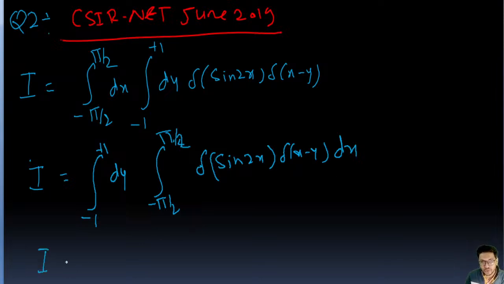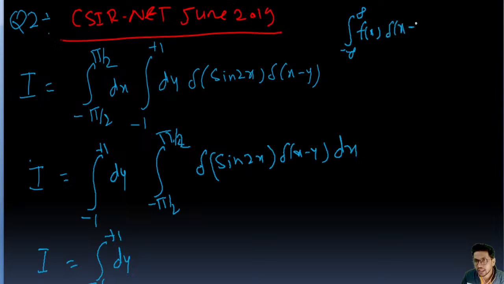So this is going to be I equal to the integration from minus 1 to plus 1 dy, and here we'll use the property, guys, okay. So we know this property number 8, right, which is the integral from minus infinity to plus infinity of fx del x minus a.